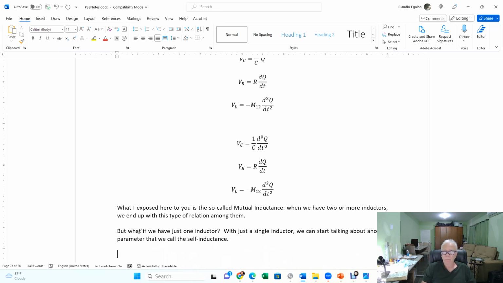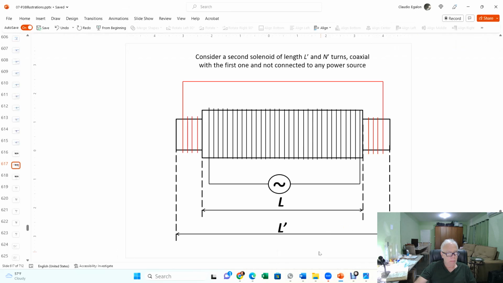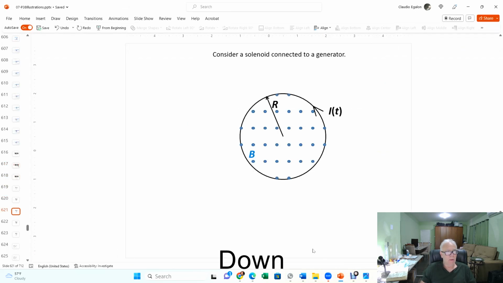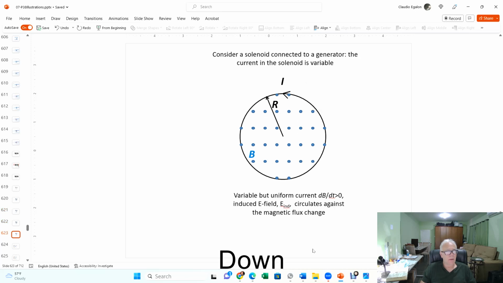How do we do that? We go back to our drawing, to our illustration. Not this one, but this one here. This is the single solenoid, connected to a generator.